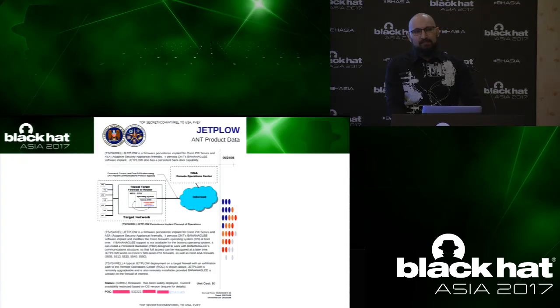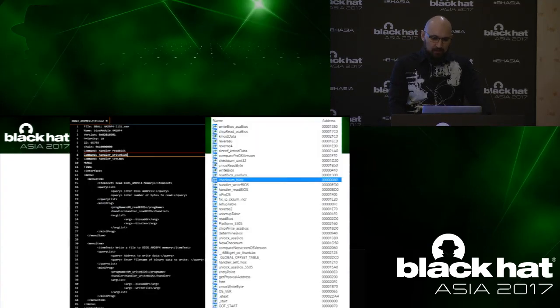Cisco used some legacy BIOS on these platforms, which is attacked by JetPlow, and we did some reverse engineering on the samples. On the black screen you can see the XML file with the command for installation of the persistent implant to the BIOS.